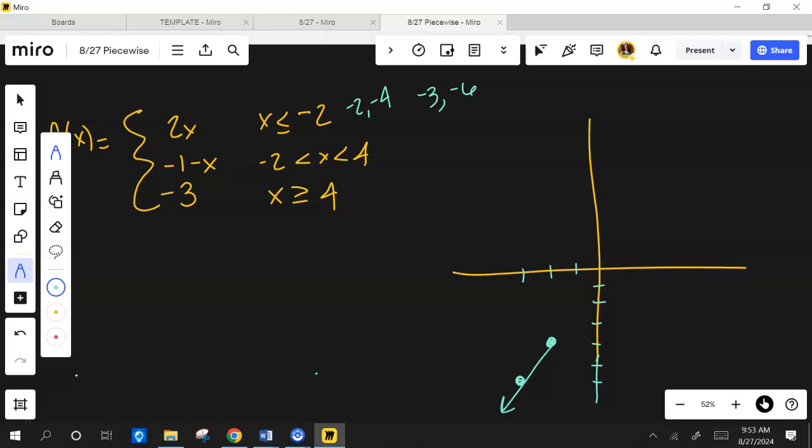All right, next one. I'm plugging in -2, and what do I get? -1 minus -2 gives me 1. Open or closed?